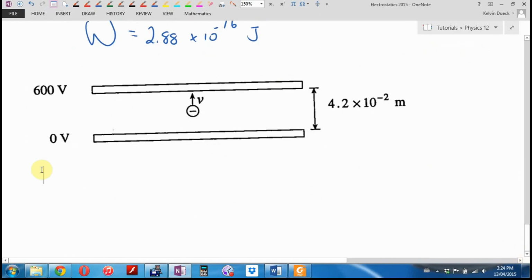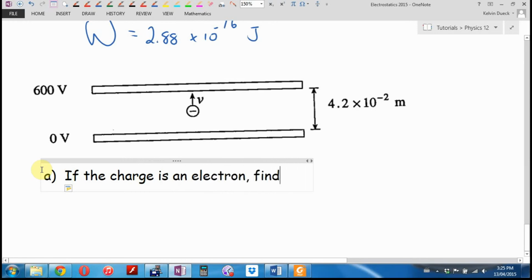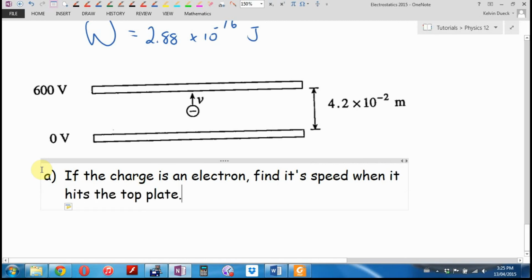So certainly I could say, if the charge has a mass, well, if the charge is an electron, find its speed when it hits the top plate. Let's assume we start and end at rest. What does this question want me to find? Speed.